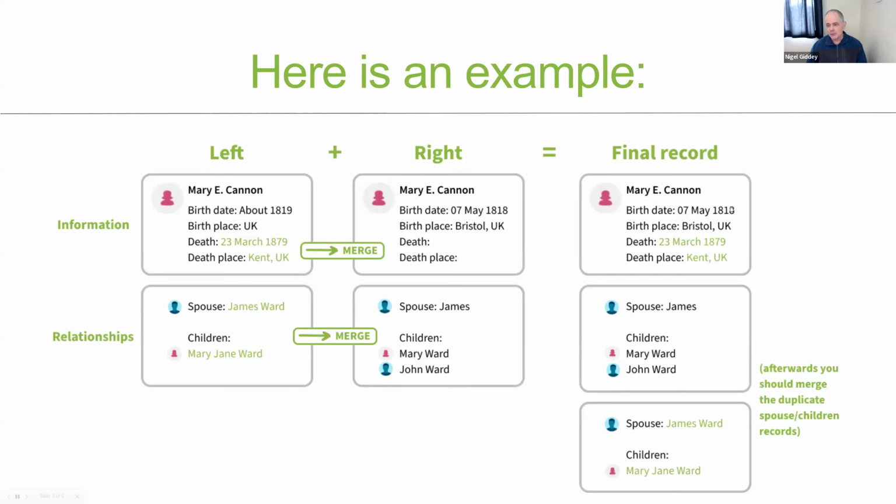The end result would be a new Mary Cannon, but she will have two husbands, James and James Ward, and three lots of children. So afterwards, you're going to have to merge this James Ward with that James, and this Mary Jane Ward with that Mary Jane Ward to get a final result.